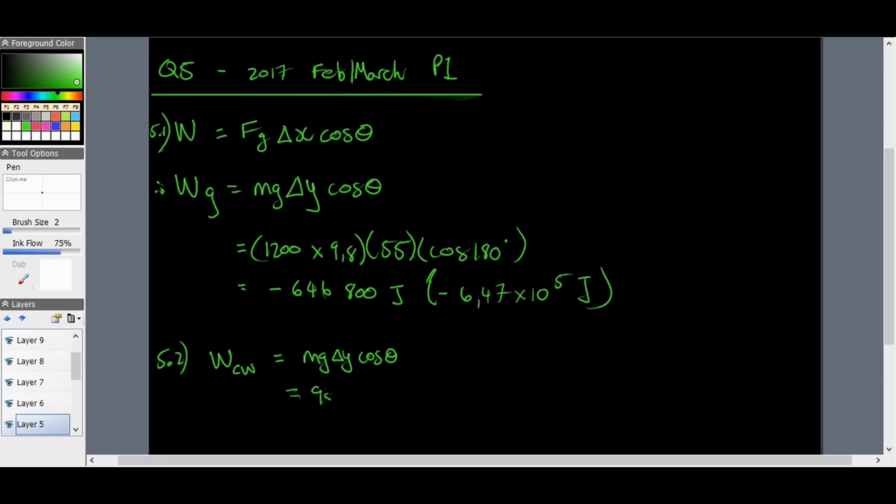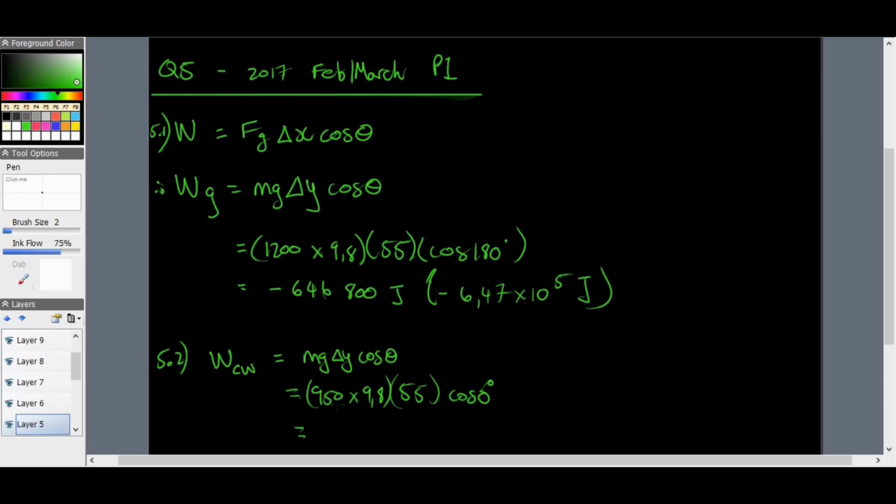So that's 950 times 9.8 times 55, of course. The counterweight's going down in the same direction as the force, so of course this is going to be cos of 0. If I put that in my calculator, 950 times 9.8 times 55 times cos 0.